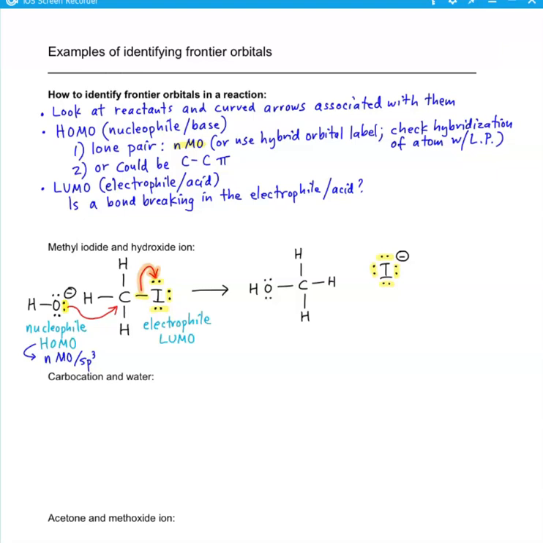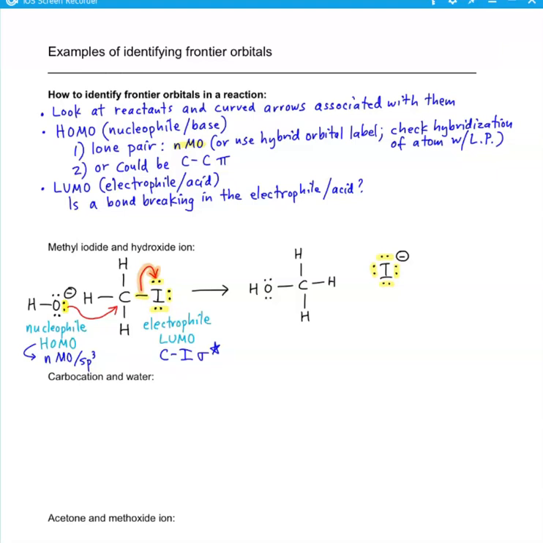So we're going to back into the identity of the LUMO. What we notice is that the C-I sigma bond broke. That means that it was the C-I sigma star orbital that was involved. So the LUMO is the C-I sigma star. Now notice that you can't just say sigma star. You have to say C-I.